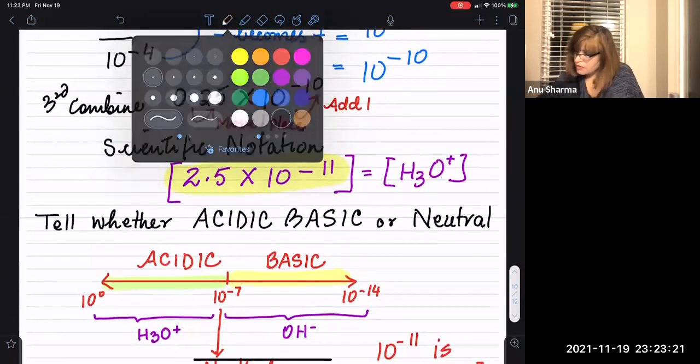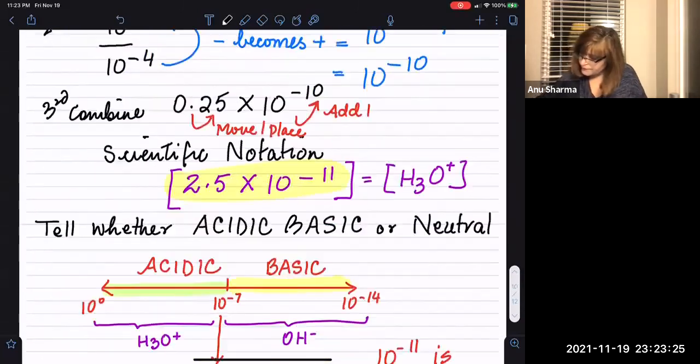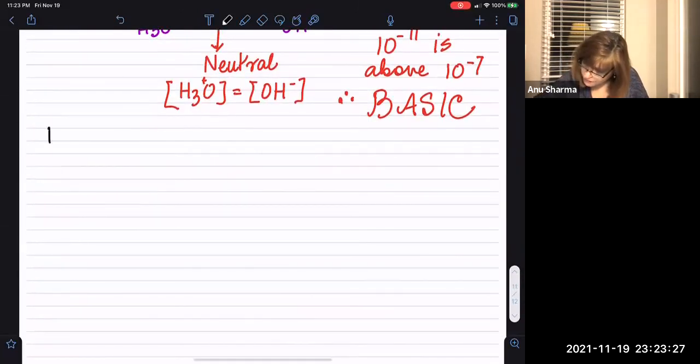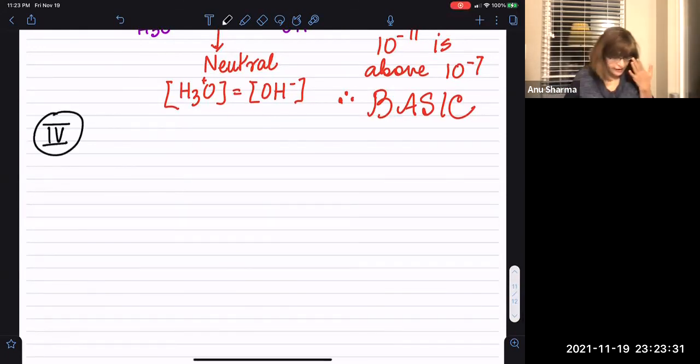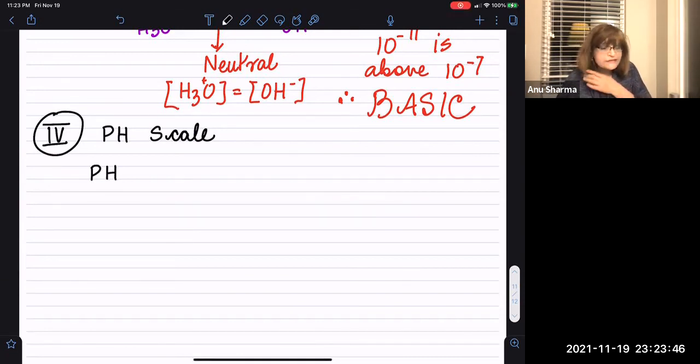Okay, now next thing we are looking at is the pH scale. So the same thing as we did above. This concentration is now put on a scale, and that is the pH scale.